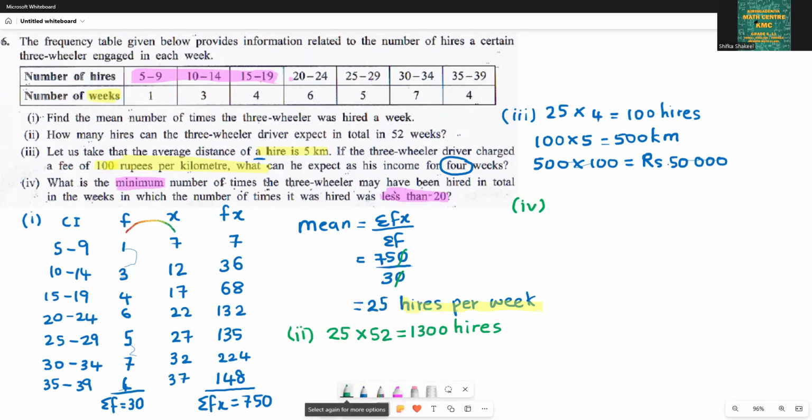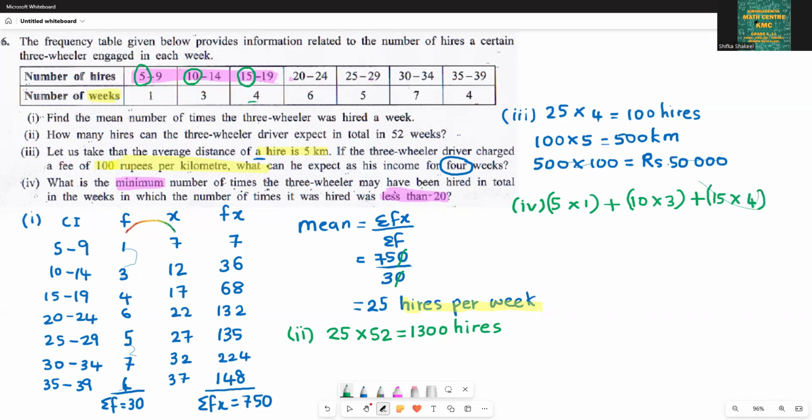From 5 and 9, the minimum number is 5. So 5 hires for 1 week, plus 10 and 14, the minimum number is 10: 10 hires into all 3 weeks, plus 15 and 19, 15 is the minimum hires: 15 into 4 weeks.